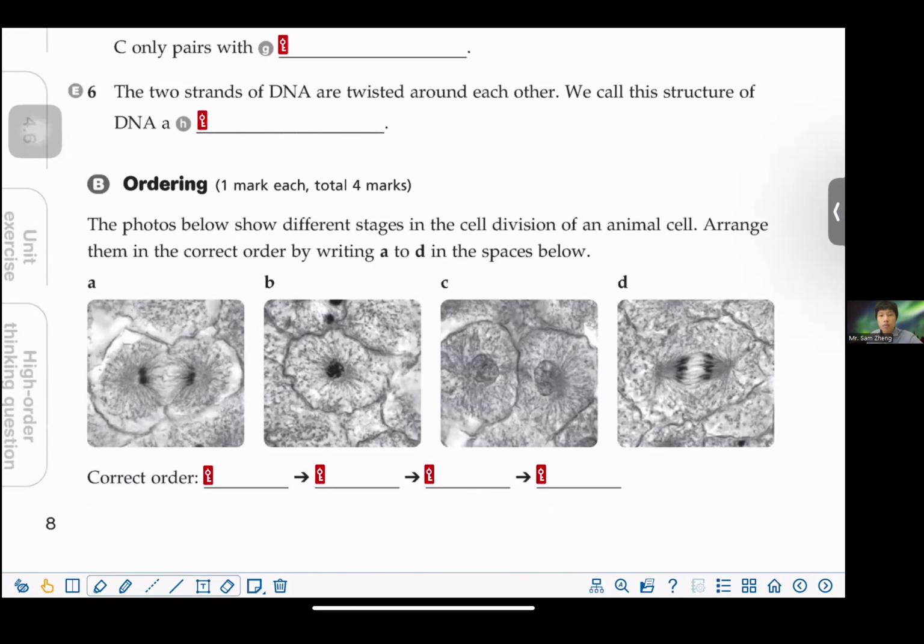Here it will be the order of the cell division. For this part, no need to work on it. In the upcoming examination, it will not be covered.